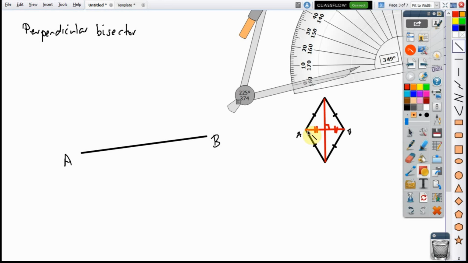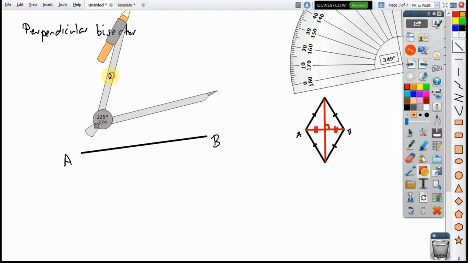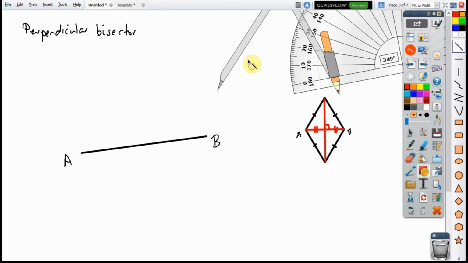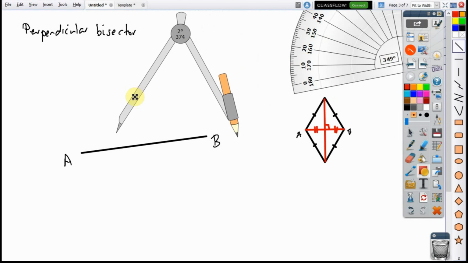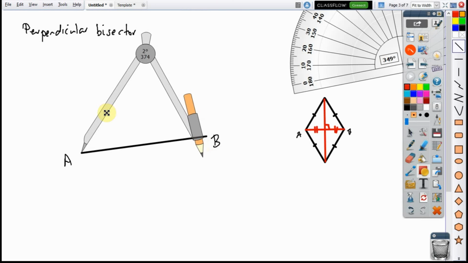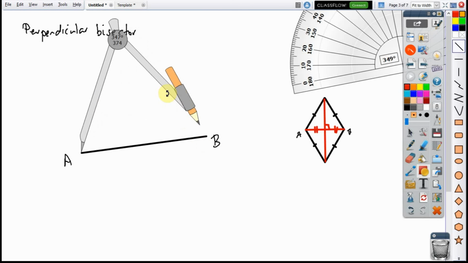Now, if you look at this, we're going to be starting at A and at B, and we need equal lengths in each of these directions. And that is best achieved by using a pair of compasses. So let's do that just now. Let's put the point of the compass on A as perfectly as we can. And let's start to try to find the top of the rhombus and the bottom of the rhombus.